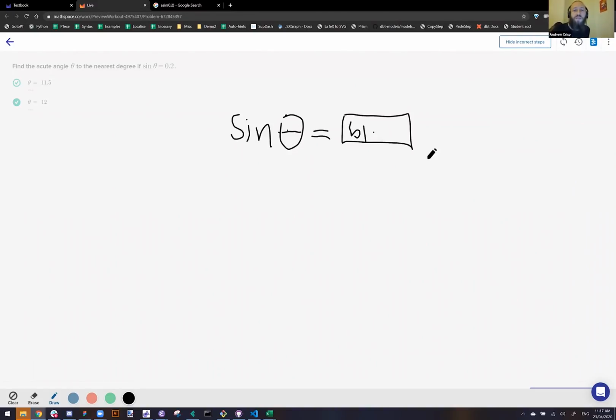Whatever this blah happens to be, then theta equals sine inverse of that blah. You can think of the inverse as the trig version of dividing both sides by sine. We're not actually dividing both sides by sine, but we are applying a different function. We're going from the y-axis down to the x-axis rather than from the x-axis across to the y-axis.